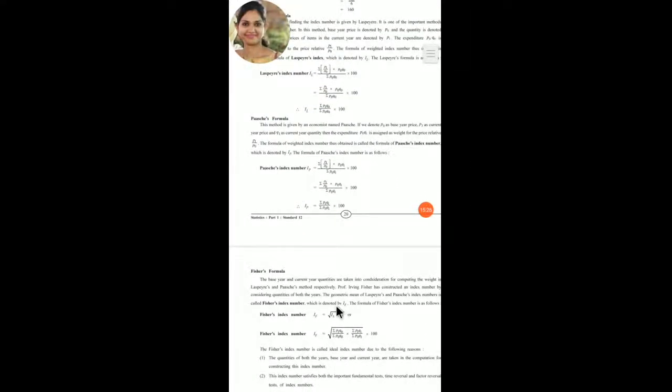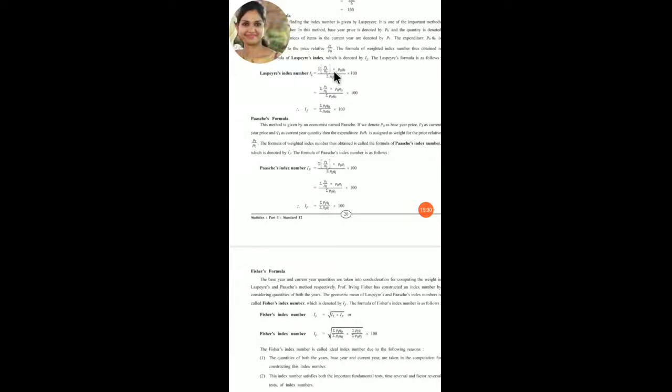Here P1 means the price of the current year, Q1 means the quantity of the current year, upon sigma P0, the price of the base year, and quantity of the current year, into 100. Right girls? For this, which figure will you remember? 1101. And last and very important method is Fisher's formula.